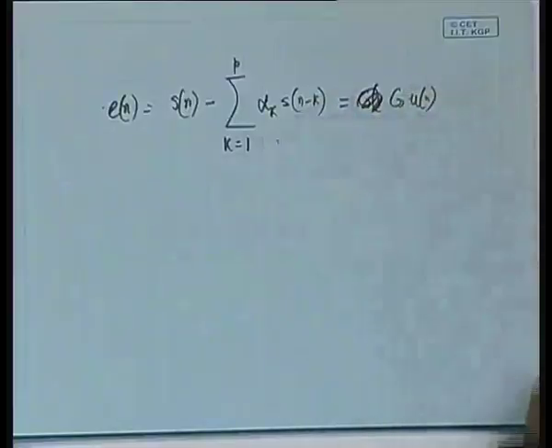So this E of n can be very effectively used for pitch period estimation, as compared to S of n. So that is one advantage that we are getting by using E of n rather than S of n.